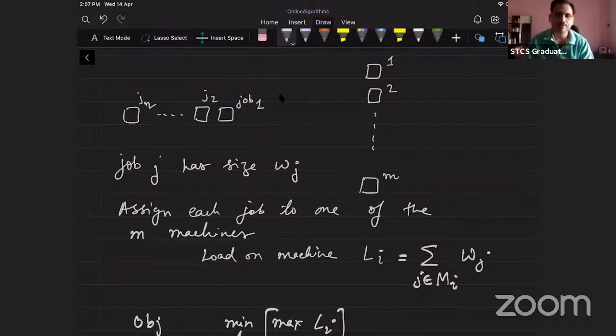Any guesses? It's not difficult to guess and prove also. The trivial one. The slightly sharper one is slightly non-trivial.